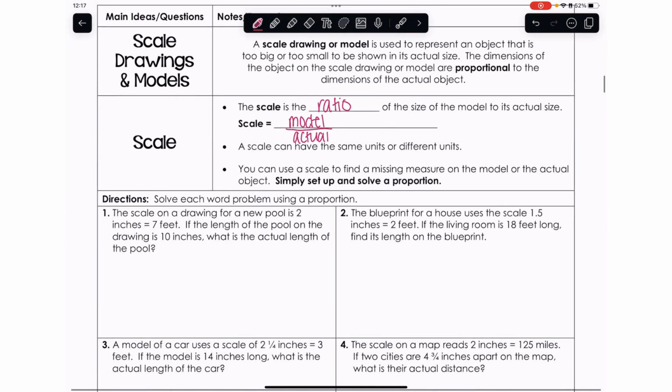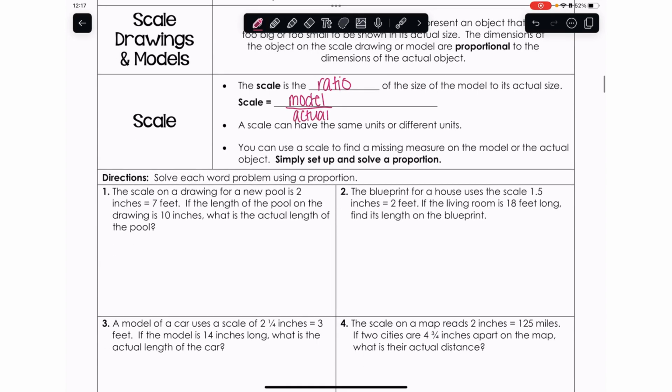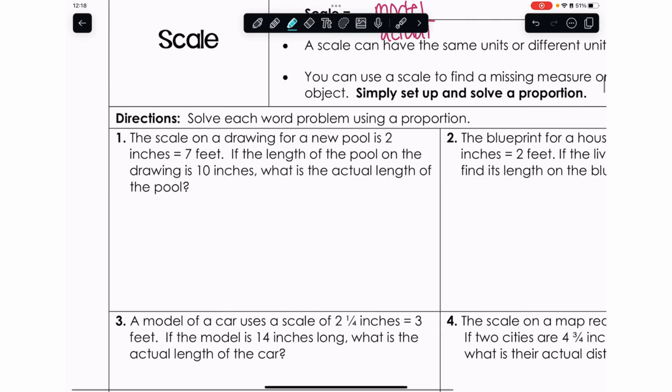So a scale can have the same or different units, and we can use a scale to find a missing measure, okay? So the scale of a drawing for a new pool is 2 inches equals 7 feet. All of our problems are going to look very similar to this, where we need to identify what the scale is. What we're looking for is something that looks like that: 2 inches equals 7 feet.